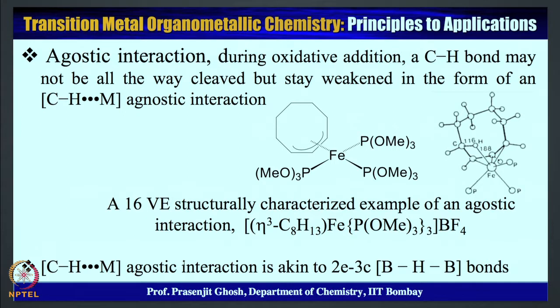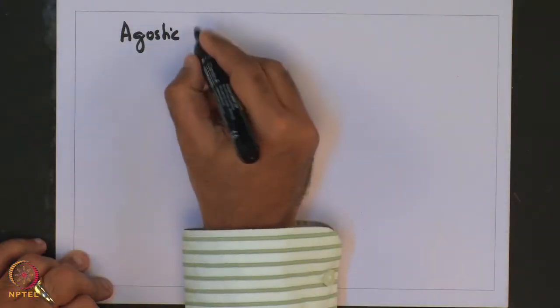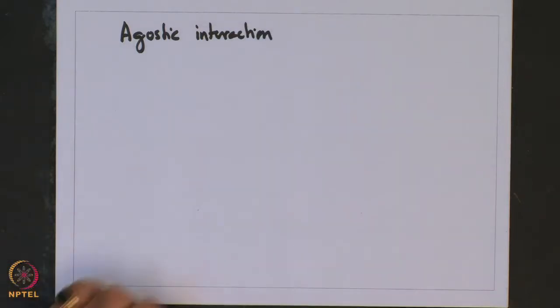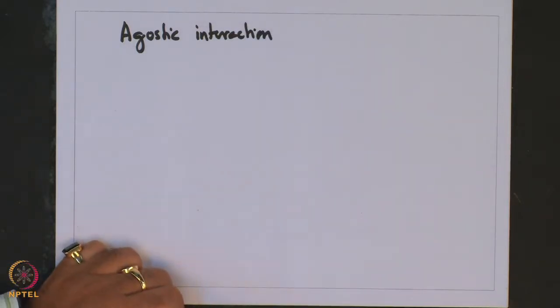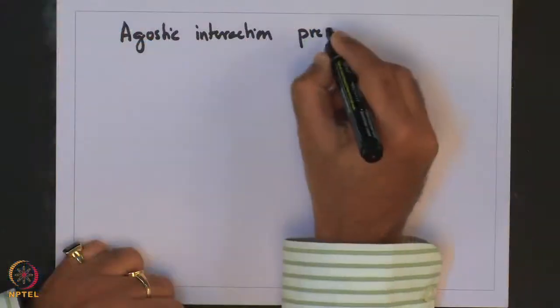A careful probe into this CH activation reaction shows that CH activation occurs via an interesting interaction called the agostic interaction, that precedes CH activation during this oxidative addition process.